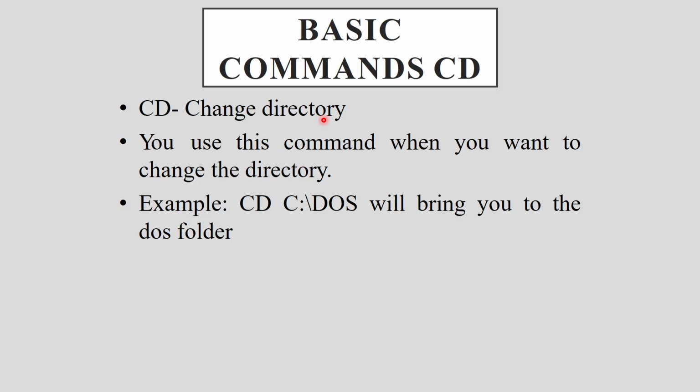Where cd, just like this one, cd space and the directory, will instruct the operating system to bring you to this directory. Okay, root directory C under folder DOS. But the cd dot dot will allow you to change directory backward.